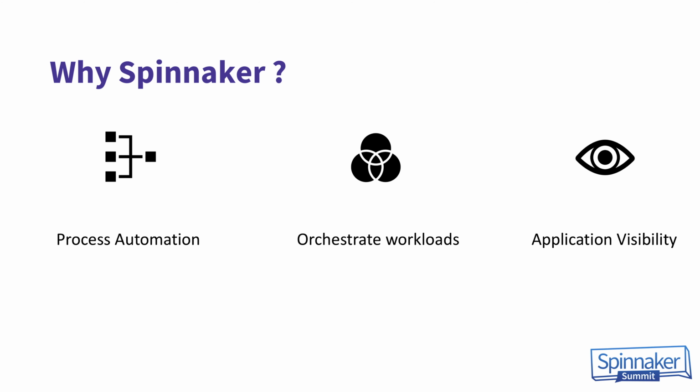Spinnaker is a very good orchestration tool. It allows you to orchestrate complex workflows very easily and in a visually presentable form in the UI. It's one of the cleanest UIs that you will see. You can orchestrate these complex workloads, bring that visibility to both dev and ops, and have a handover mechanism that's coded up.